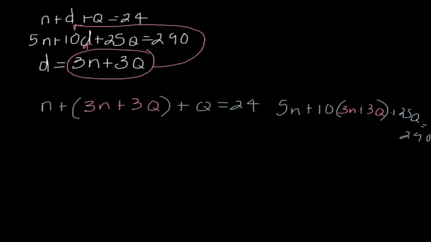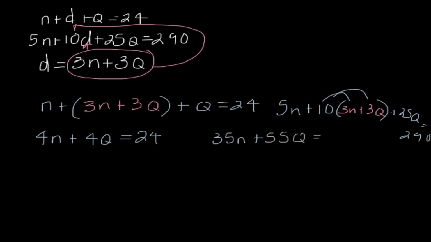So let's just simplify. I would get 4N plus 4Q equals 24. My other equation, when I distribute, I would get 30N plus 5N, so 35N, and I would have 30Q plus 25Q, so plus 55Q is equal to 290.